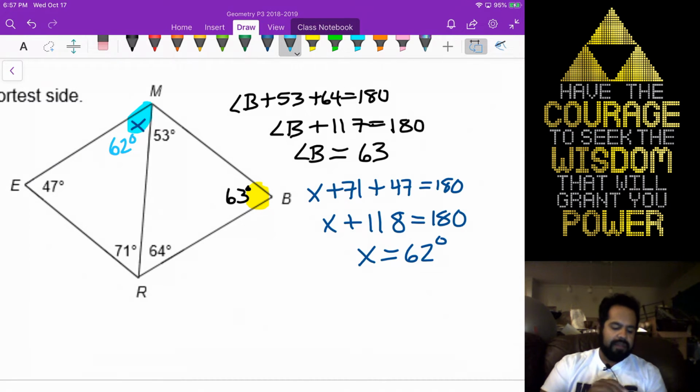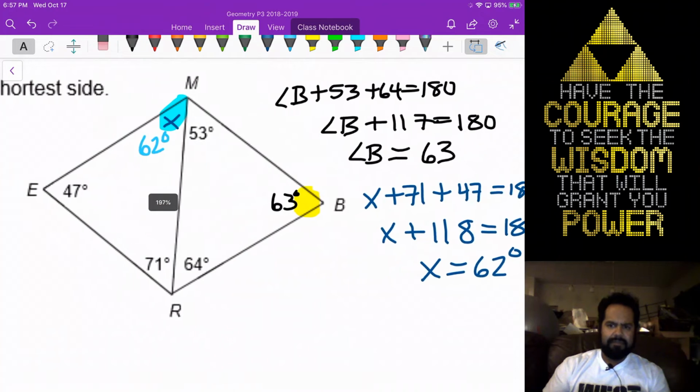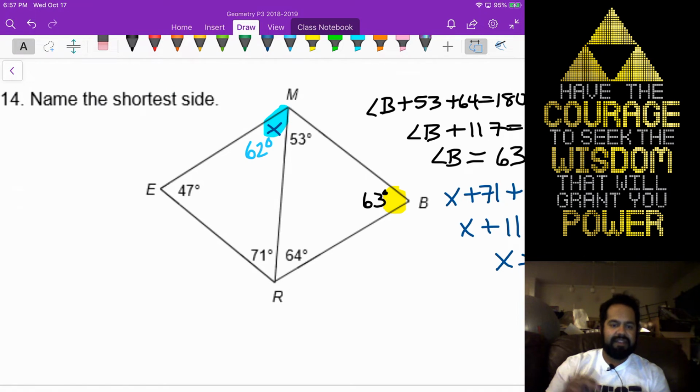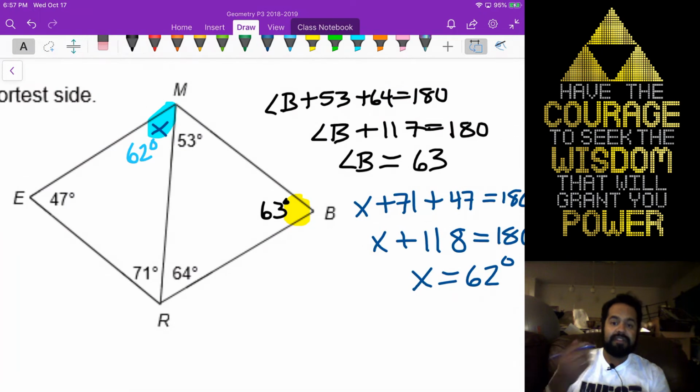Okay, so again, we've got these two triangles. One method that the other teacher I work with was saying was, let's make up numbers for these sides. On my left triangle, I know for a fact that we're looking for the shortest side. So let's look for the smallest angle in the left triangle. I've got a 47 degree there. So let's say that that side has a length of 1.